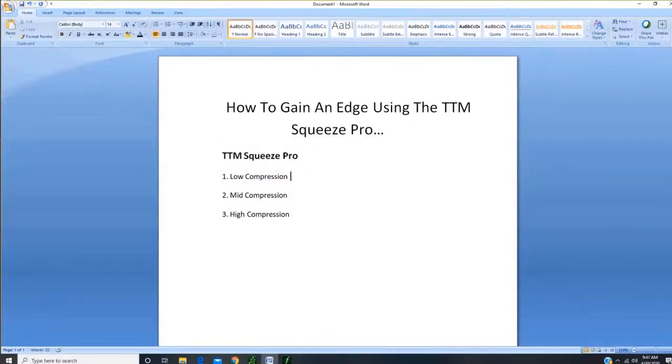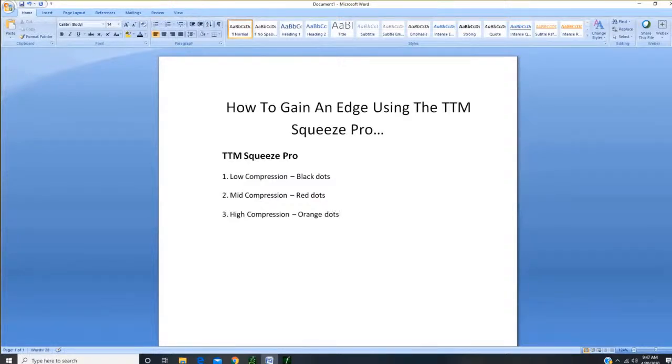Now, the low compression squeeze, we recognize those with black dots, okay? So when you see a black dot, that means it's a low compression squeeze. When you see a mid compression squeeze, it is a red dot, so red dots. And then the high compression are the orange dots, okay? You with me?